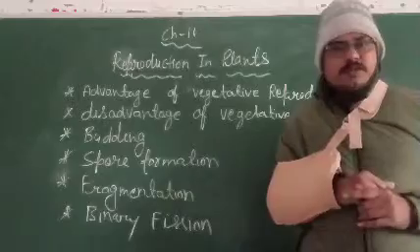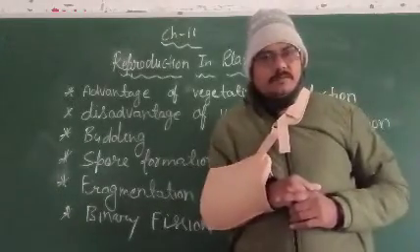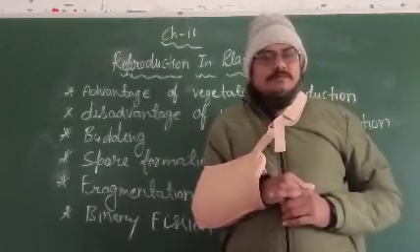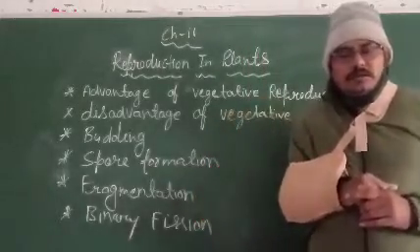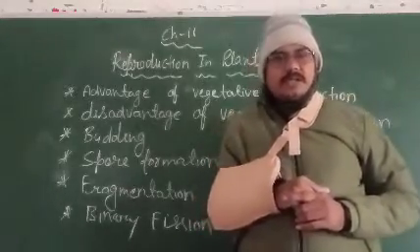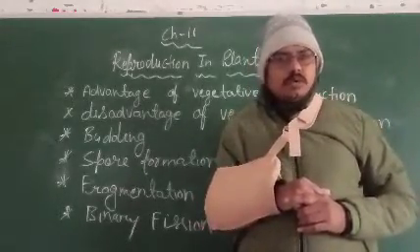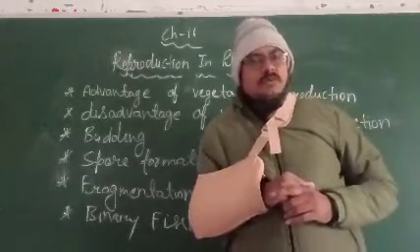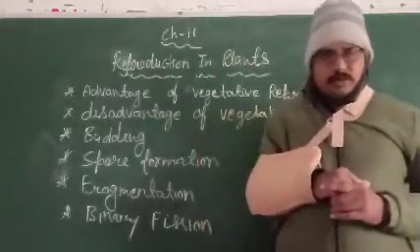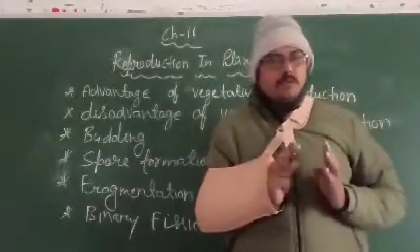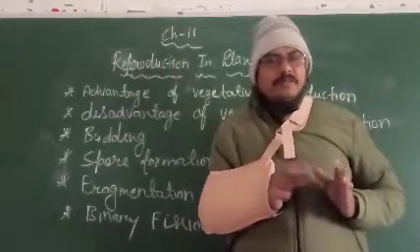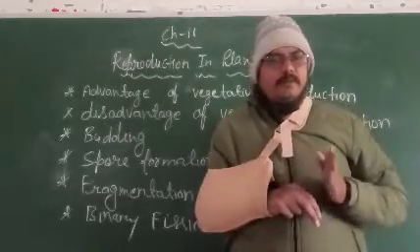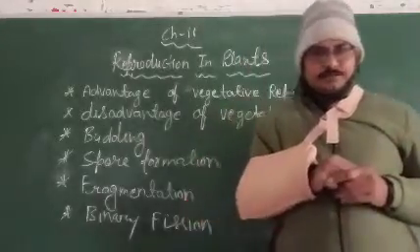Next, I explained fragmentation. Fragmentation occurs in microscopic plants like algae present in stagnant water, known as Spirogyra, which has a filamentous body. When it becomes mature, it divides its body into many parts, or fragments, and this is called fragmentation.